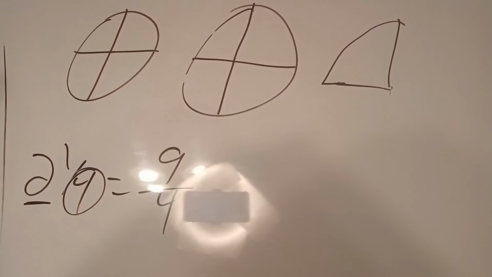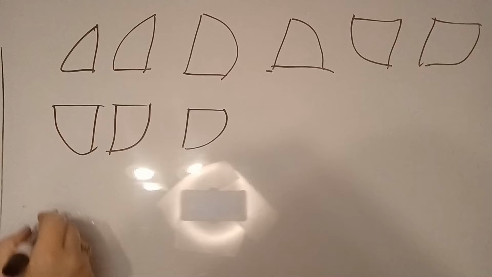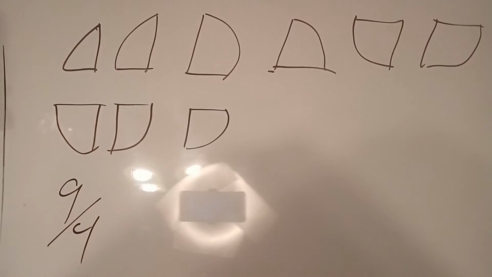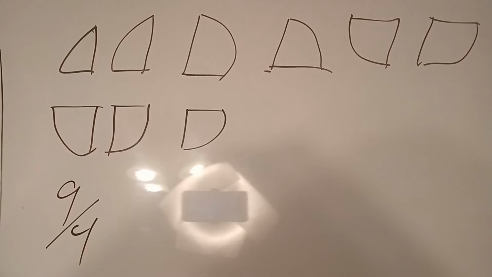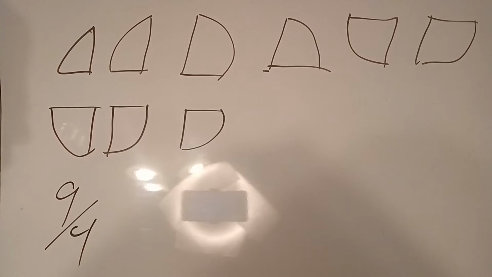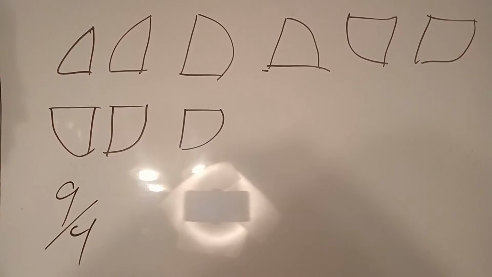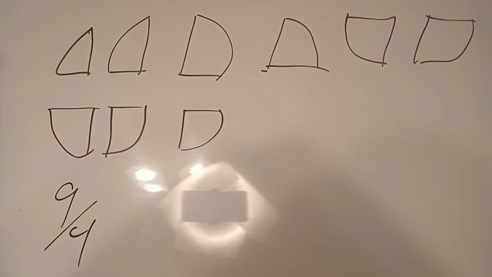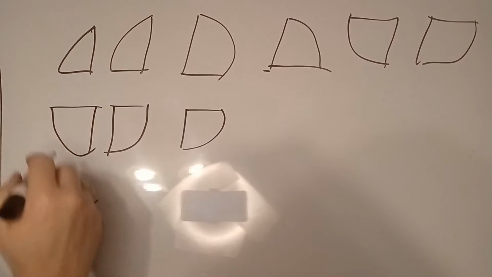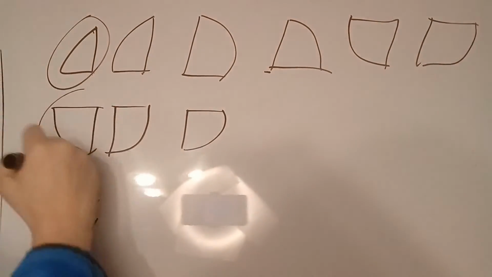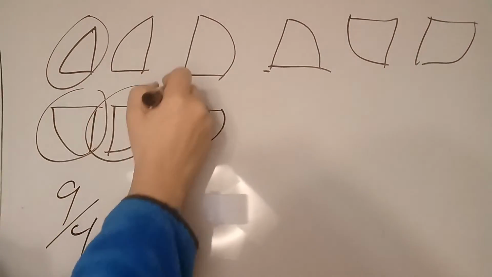Now let's go the other way. Here we have 9/4. Let's look at how we can make that into a mixed number. Because actually, 9/4 is not nearly as informative when we're talking to somebody as 2 1/4, right? So what we're going to do is take the various parts of a circle and stick them together. We're going to take this one, and this one, and this one, and this one.